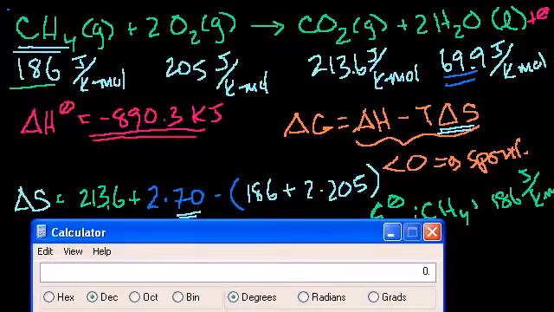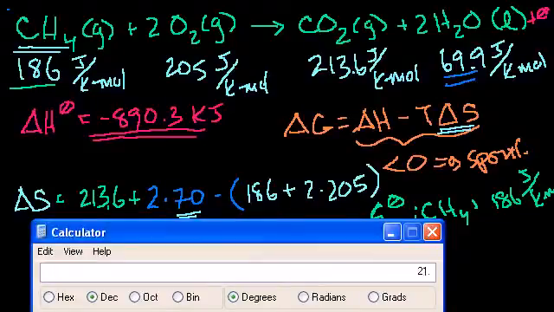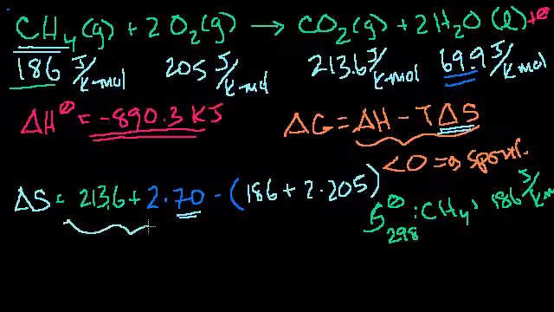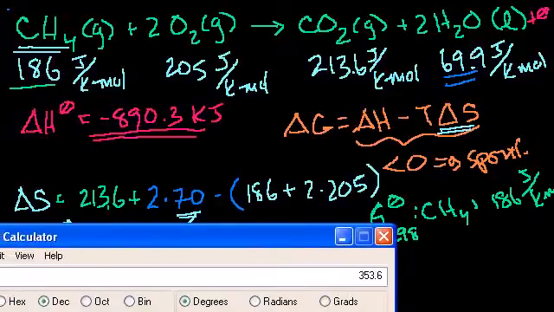I have 213.6 plus 2 times 70, which is 140, and that is equal to 353.6. And then from that, I'm going to subtract out 186 plus 2 times 205, which is equal to 596.